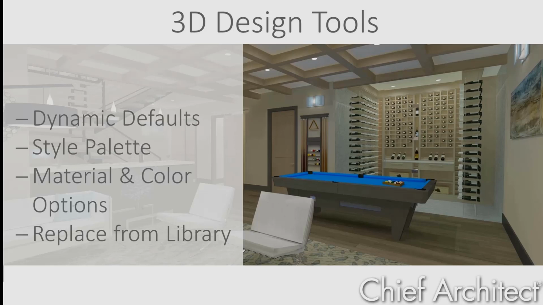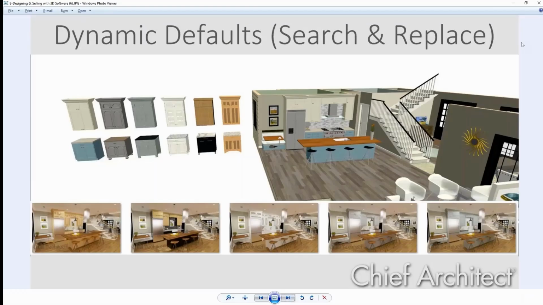And I'm going to start with a pretty simple example here. I've got a situation where using dynamic defaults you can define the different styles of cabinets that you have, and you can think about this as working as kind of a search and replace.